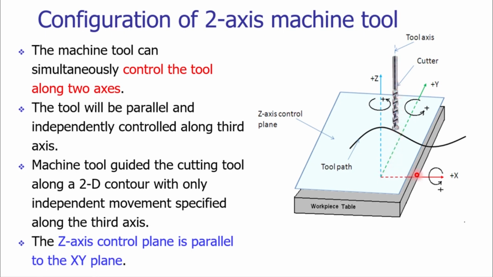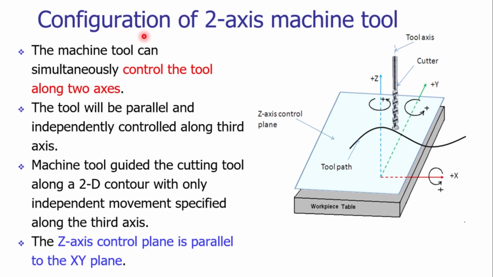Along this direction we consider the positive X, this is negative X. Perpendicular to the positive X in the same plane we have positive Y, and towards us is negative Y. Along the cutter direction we have the positive Z, and away from the cutter movement it is the negative Z.